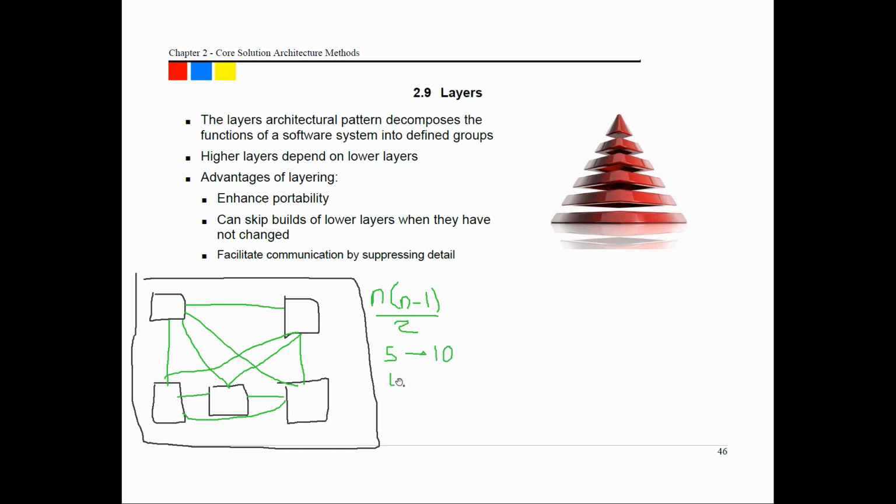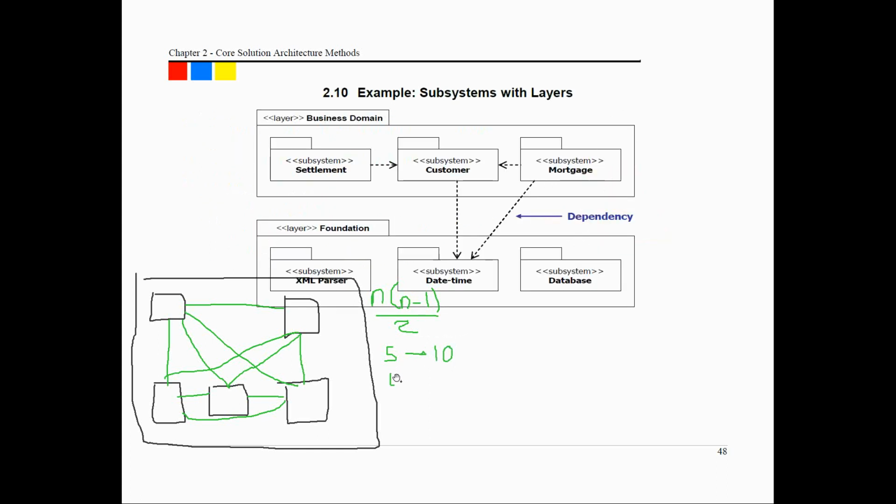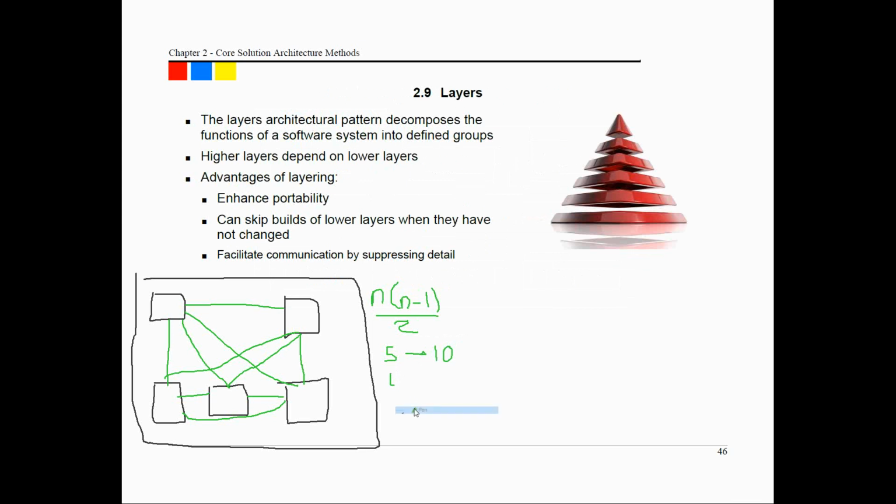If I have 6 components, that says 6 times 5 is 30 over 2. I get a possibility of 15 connections. If I had 10 components, I'd have 10 times 9, 90 over 2 is 45 possible connections. It doesn't take long to end up with kind of a real explosion of connection points.